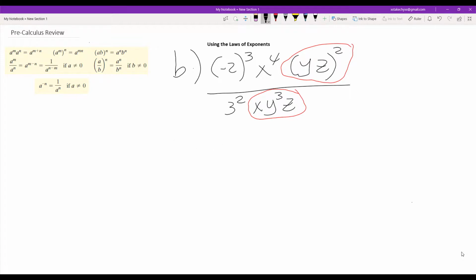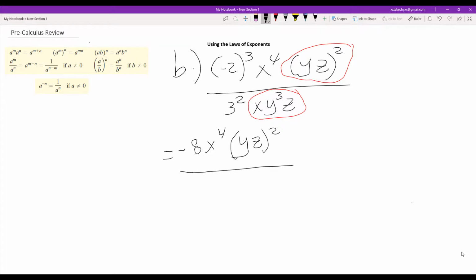Okay, so let's work here. So this will be negative 8 x to the 4th power, then multiply yz to the 2nd power.